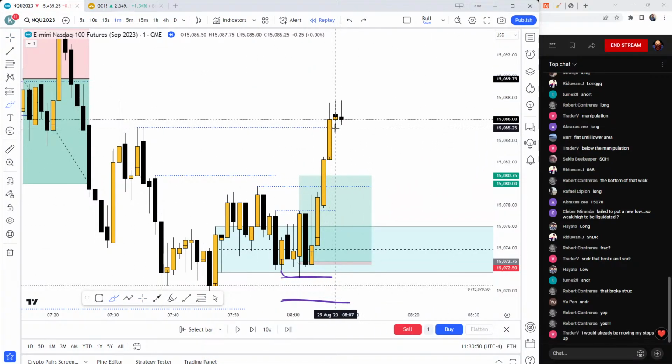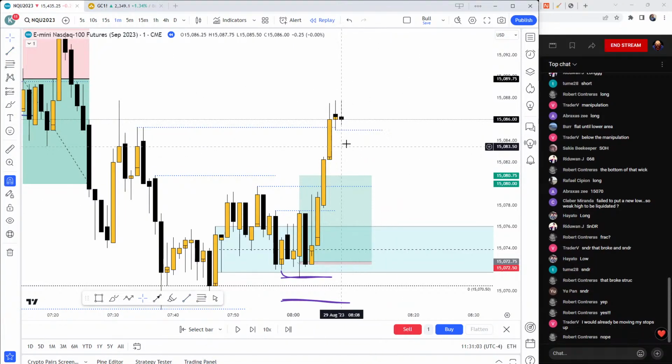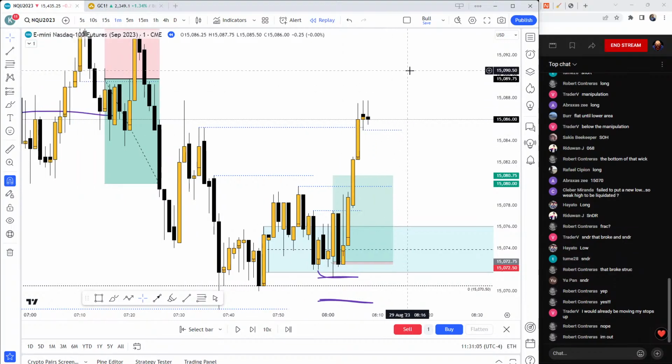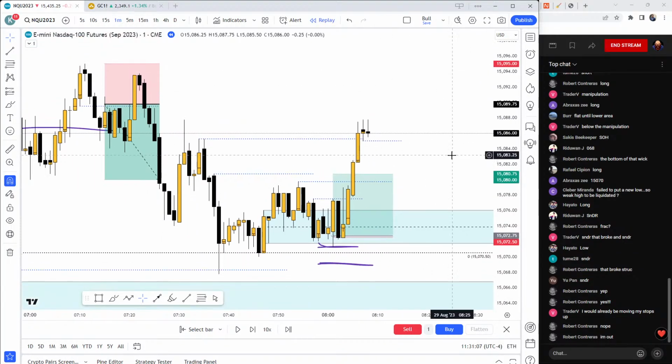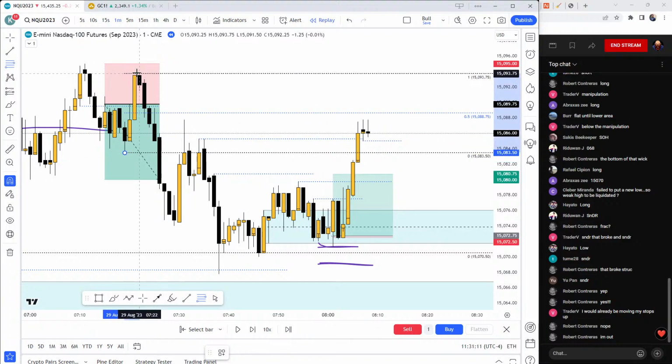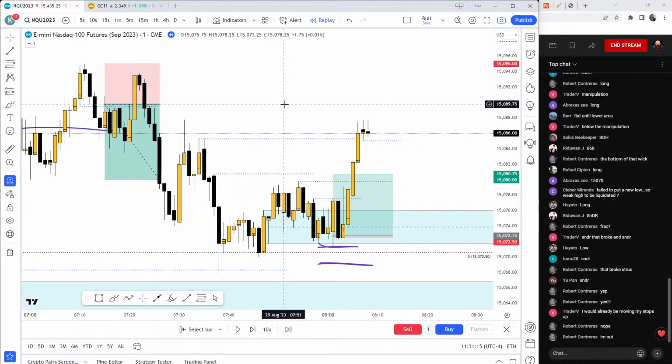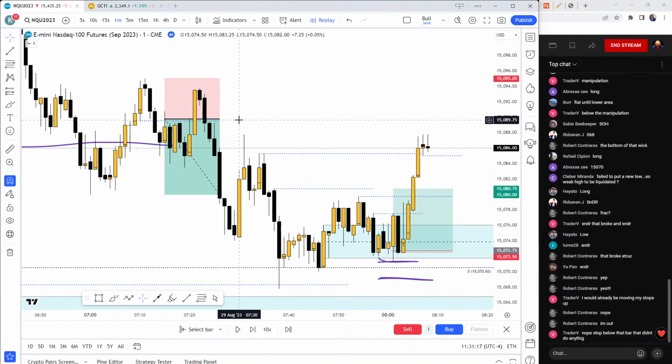We've got equal highs here. This is a parabolic move. It's very possible that we trade into this imbalance, which puts in higher price action. We've got an area right above, right?